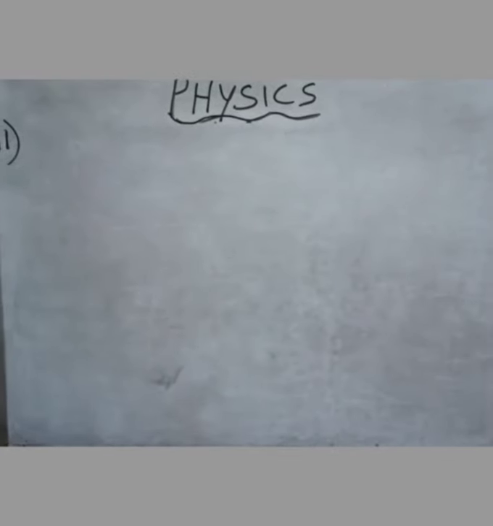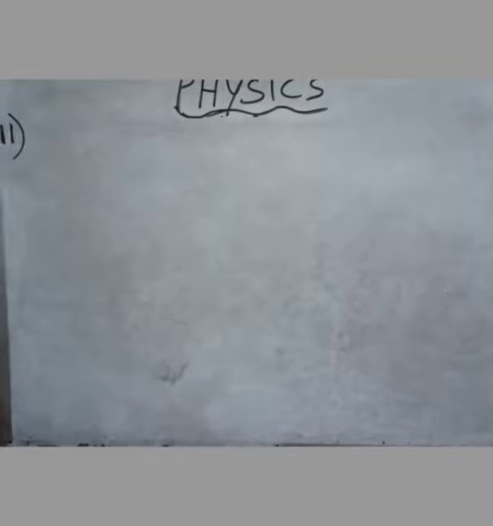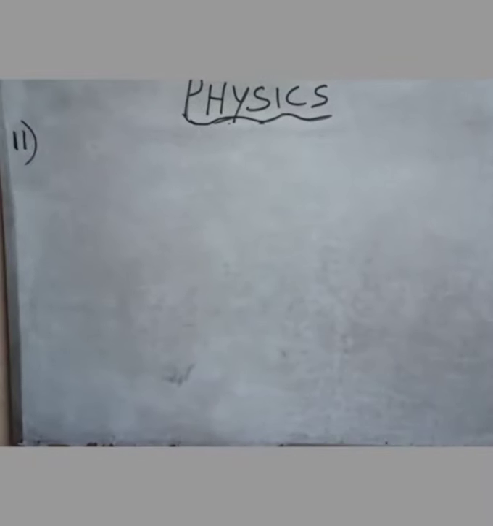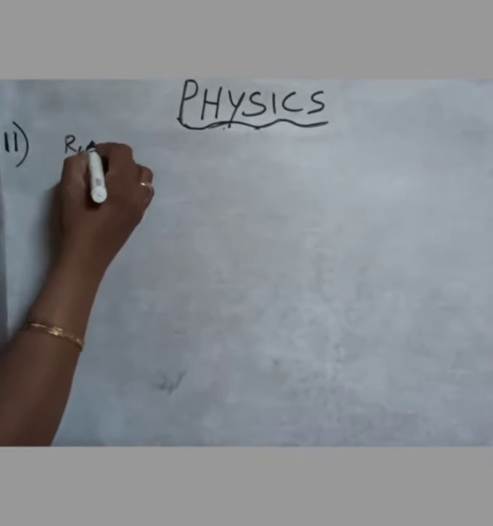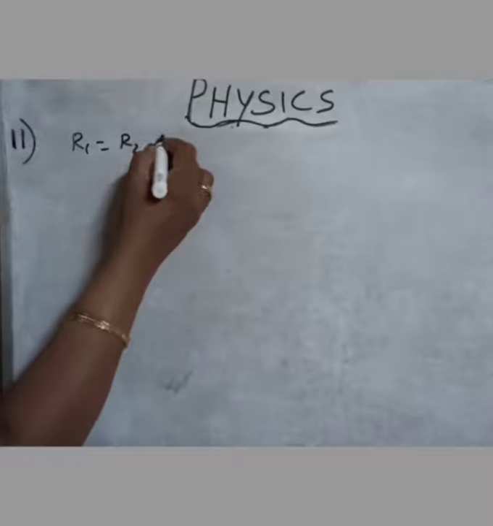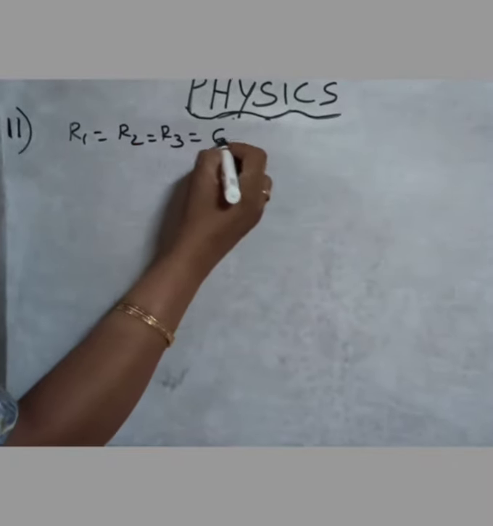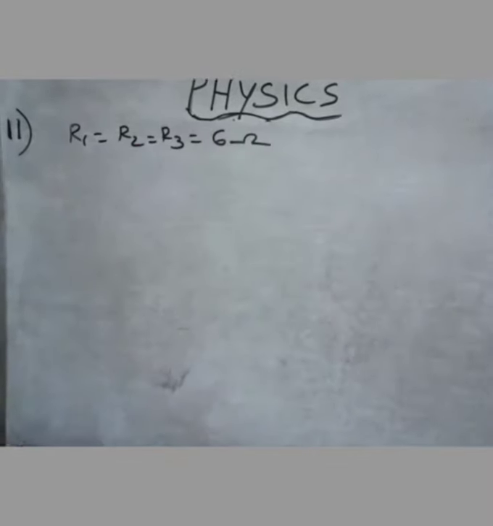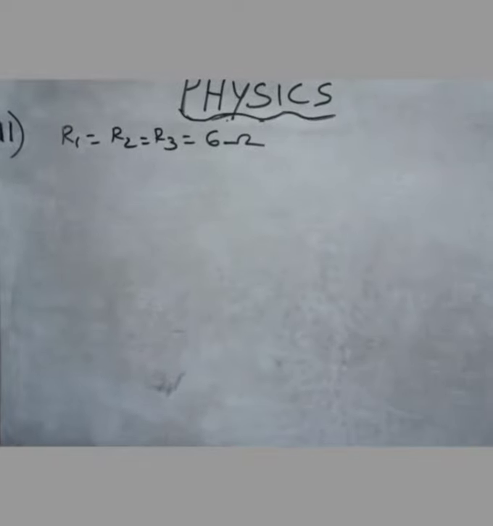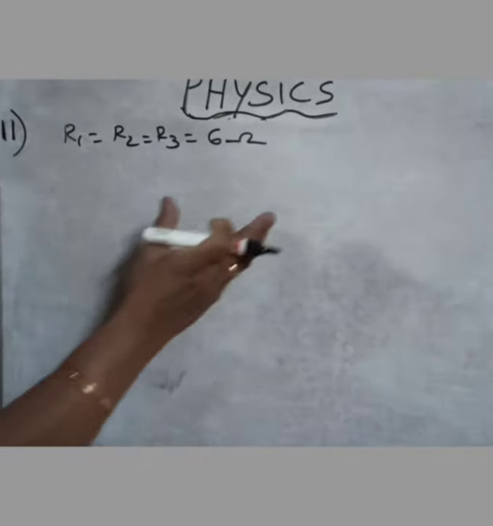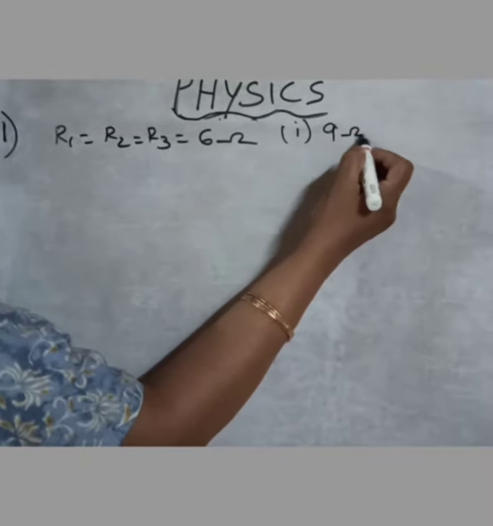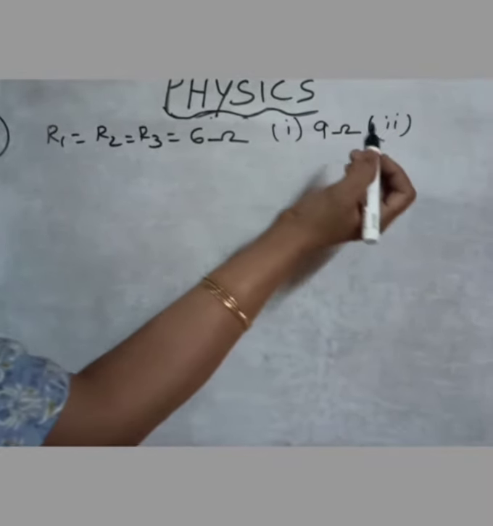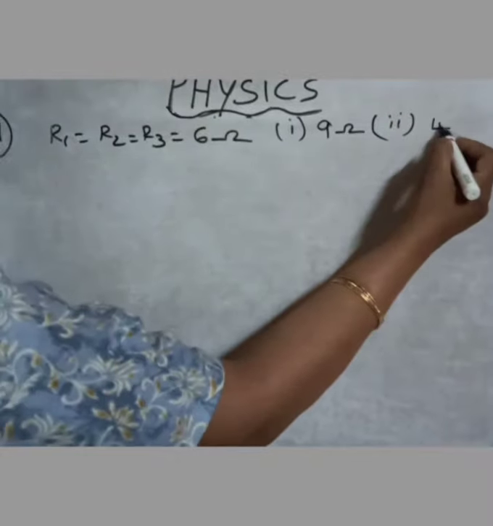Yes. 11th question. Show how you would connect 3 resistors, each of resistance 6 ohm, that is R1 equal to R2 equal to R3 equal to 6 ohm, so that the effective resistance of the combination is, first, 9 ohm and second, 4 ohm.